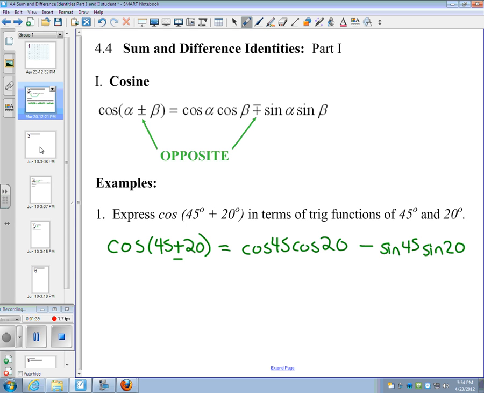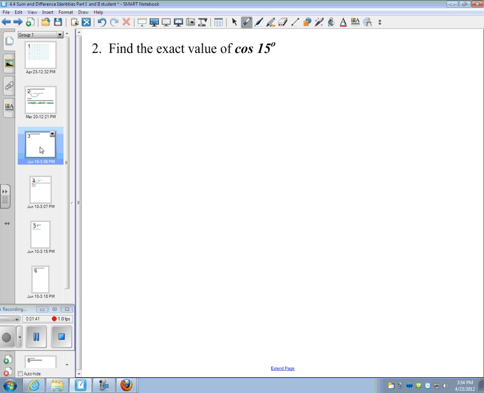Next one, they say find the exact value of cos of 15. So what we're going to do is write this as something we know. Hint I'm going to give you is this table of exact values is also found on page 153. Okay.